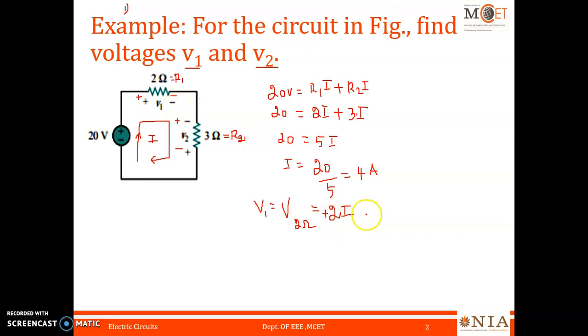So plus 2 into I, which is 2 into 4, equal to 8 volt.